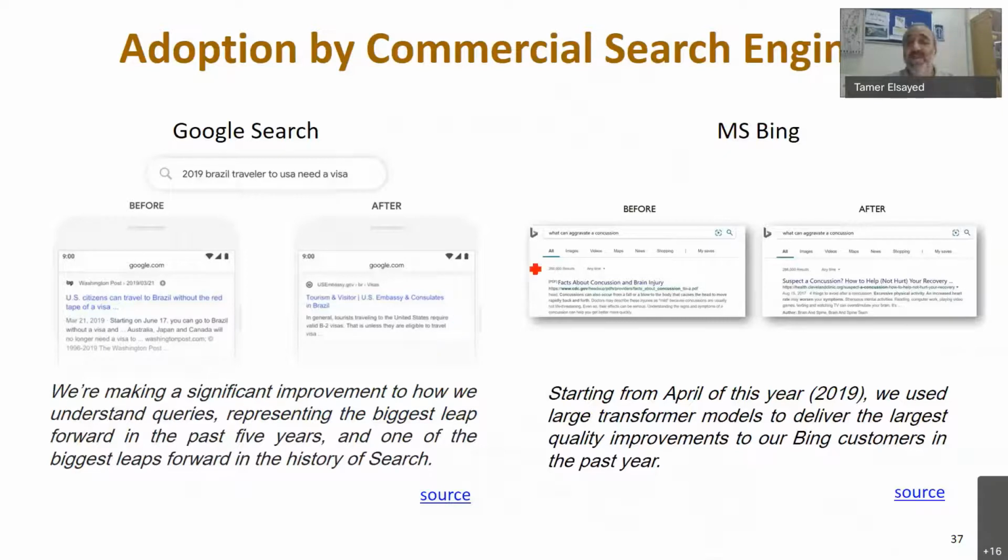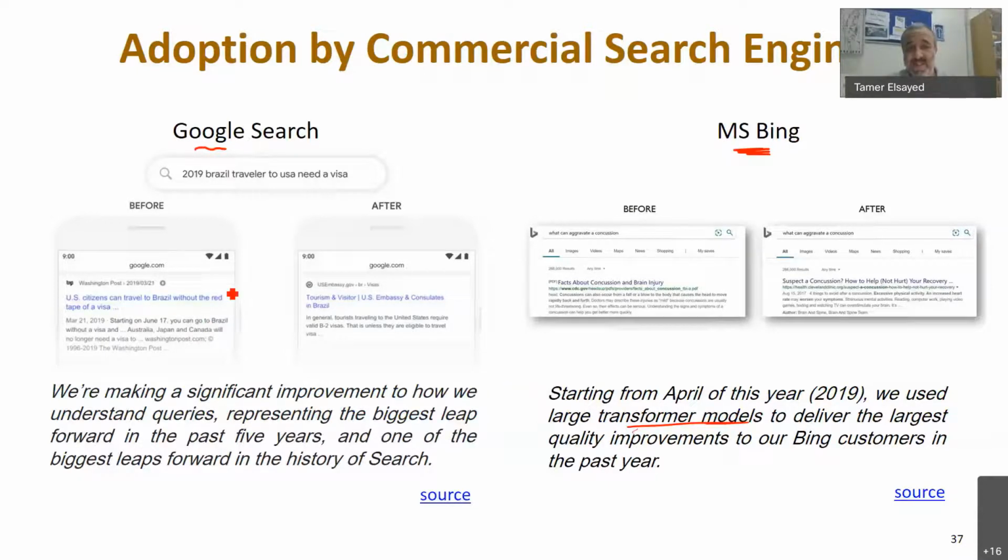And BERT actually was adopted not only in research, but by commercial search engines. Officially, Google said that BERT made a big difference, and it is now used since, I think, sometime in 2019. It is used in Google search, and also Bing mentioned that it is using some form of transformer models.